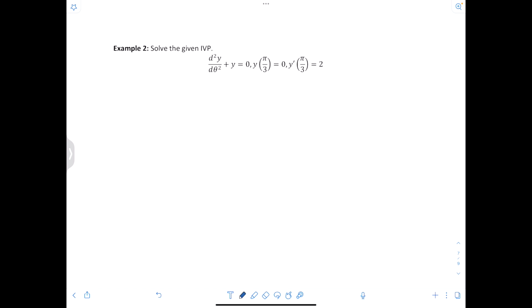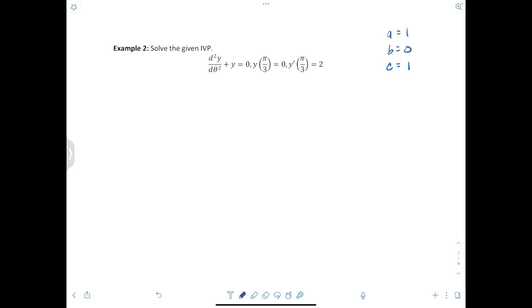All right, let's now look at an initial value problem, okay? So here, this, remember, is just like y double prime, right? So first we need to solve that homogeneous, right? So we're missing a y prime. So if you think about it, your A is 1, your B is 0, your C is equal to 1.